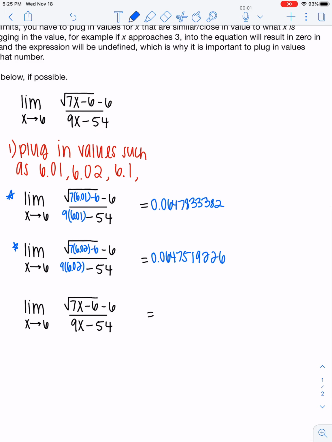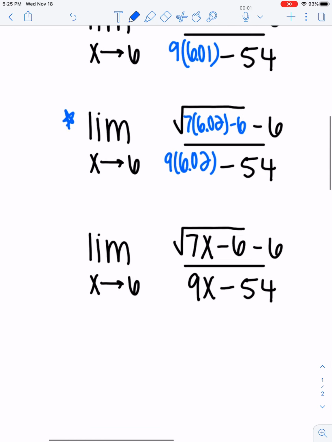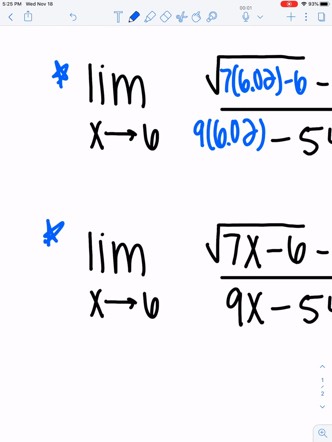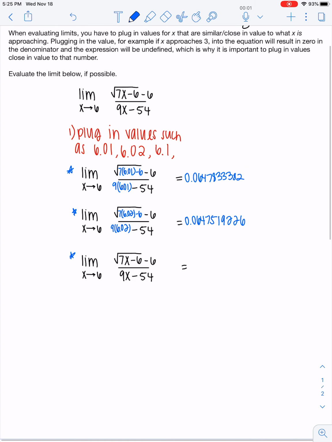Now, as you can see, these two values that we have are very similar in number. And we'll do this third one and then conclude what our answer is going to be. So now we're going to plug in 6.1.